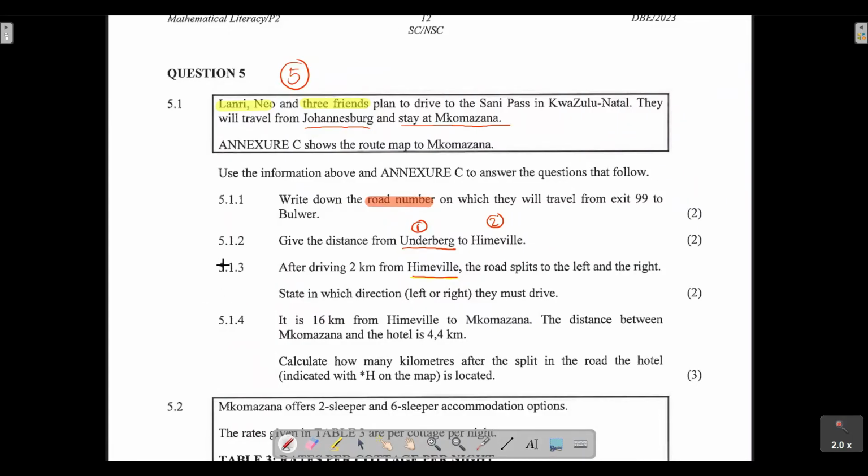Question 5.1.4. We are told that it is 16 kilometers from Heimville to Nkomazana. So if you move from Heimville to Nkomazana, you are going to travel 16 kilometers. The distance between Nkomazana and the hotel is 4.4 kilometers. Calculate how many kilometers after the split in the road the hotel indicated with the H on the map is located.